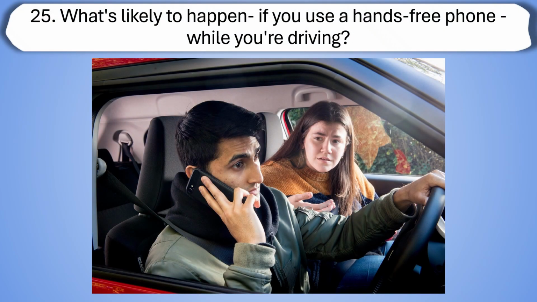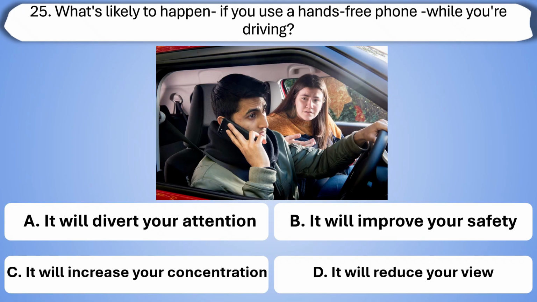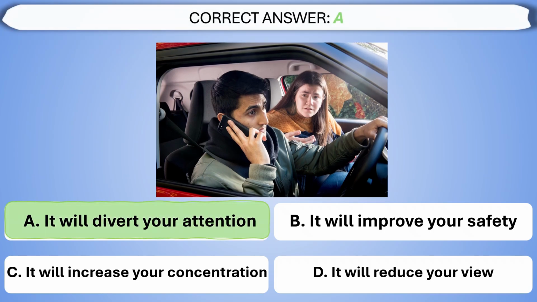25. What's likely to happen if you use a hands-free phone while you're driving? A. It will divert your attention. B. It will improve your safety. C. It will increase your concentration. Or D. It will reduce your view. The correct answer is A. It will divert your attention.